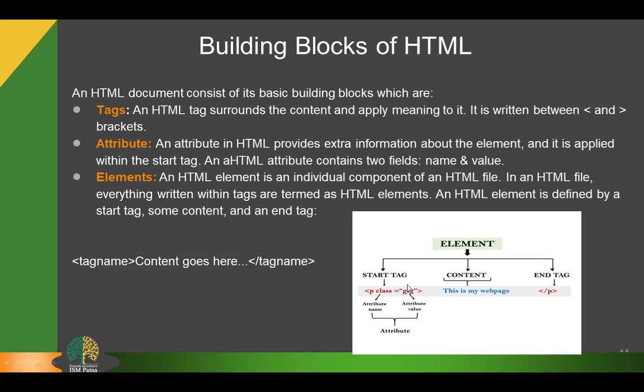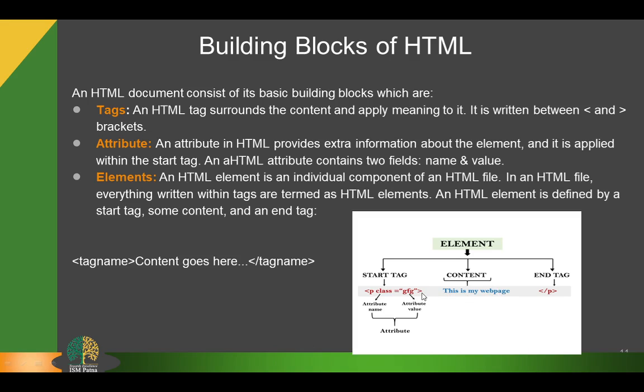And the next is element. An HTML element is an individual component of an HTML file. In an HTML file, everything written within tags is termed an element. Suppose inside P, I am writing: this is my web page. So this is the element.